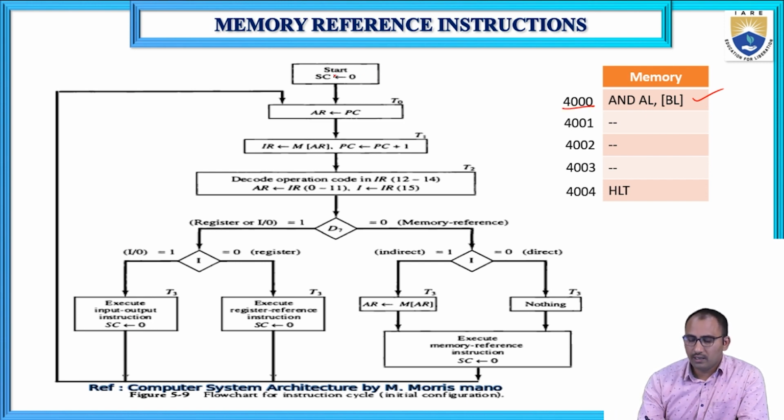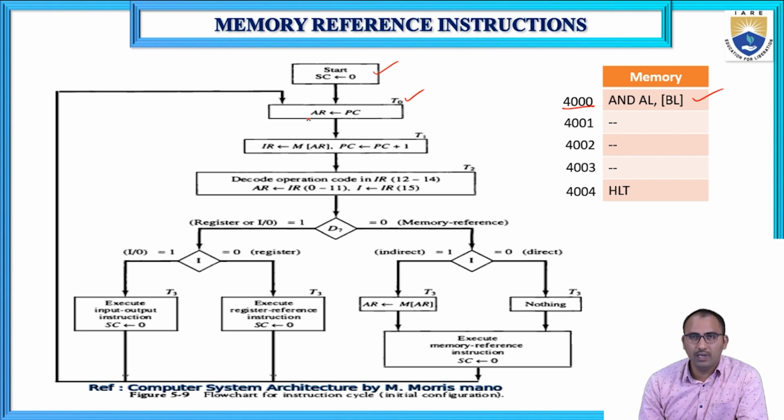When the sequence counter is initialized to 0 and we apply a clock pulse to it, the timing signal T0 will be generated. During T0, the program counter address will be loaded into the address register, because the instruction has to be fetched from the memory.